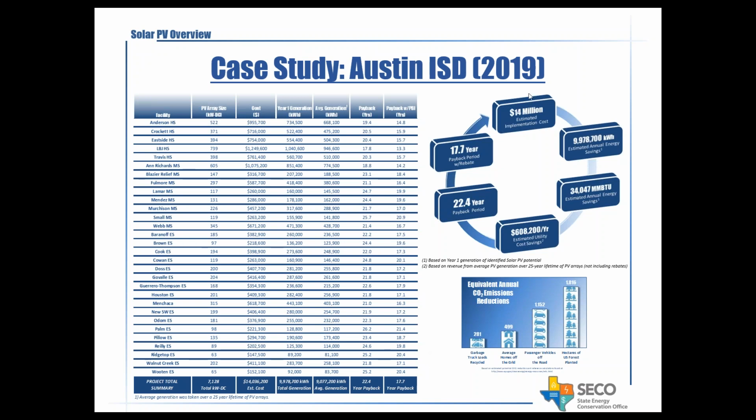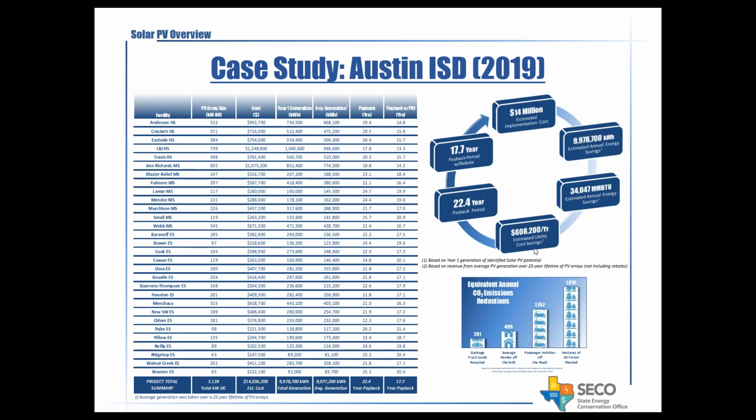In general, the overall scope was about $14 million in estimated cost to implement these solar systems at these buildings, generating a potential almost 10 million kilowatt hours, or 10 megawatts.